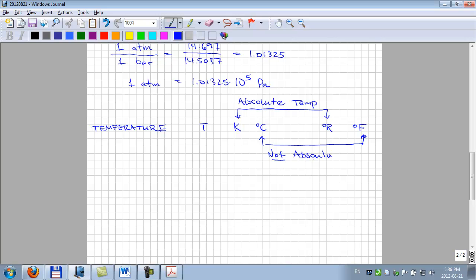So you have to be real careful using degrees C and degrees F in PVT calculations, particularly equations of state, because you're not supposed to use them. You're supposed to always use absolute temperature. But when we talk to each other, we use the degrees C and the degrees Fahrenheit.